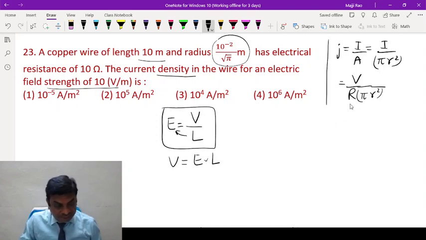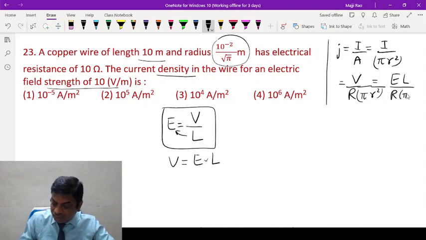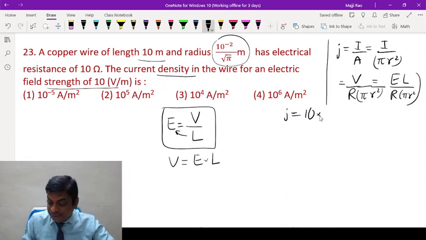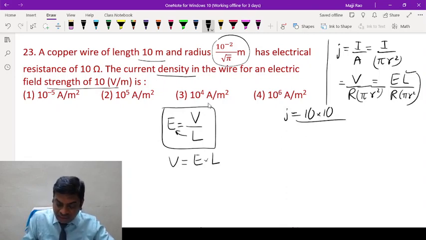So rewriting this, V as EL, we have EL upon R into pi R square. It's just a matter of substituting the values. Electric field strength is given as 10. We'll be substituting all the values in SI unit. Length is given as 10 meters upon resistance 10 ohm, and this will be pi into radius square.